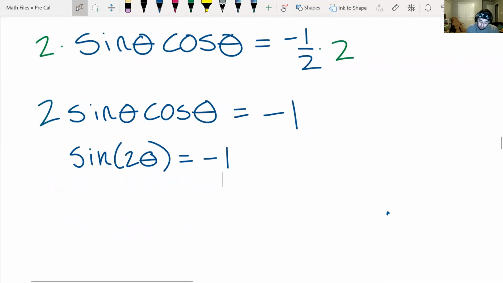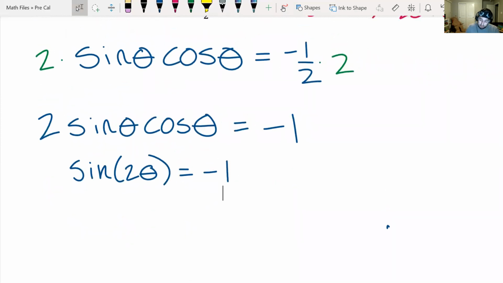Okay. And now, to solve for theta, we can apply the actual inverse, right? We can apply the inverse. All right. So yeah, we'll do that.